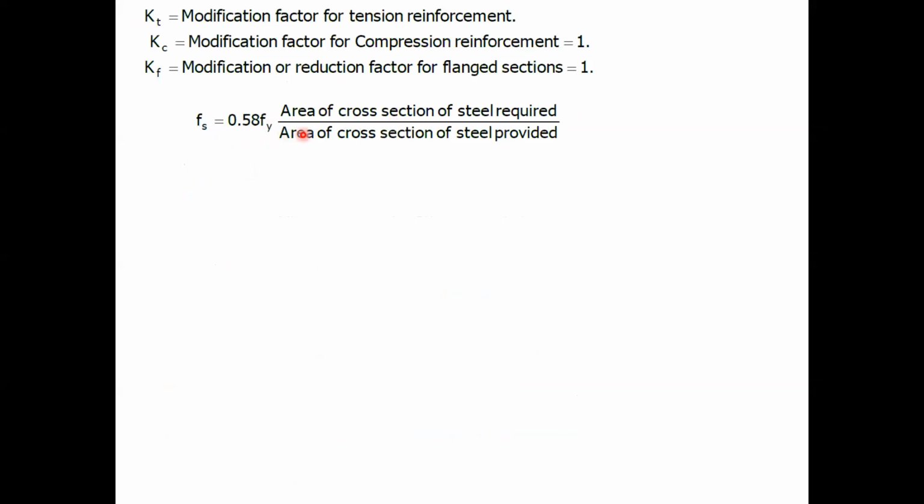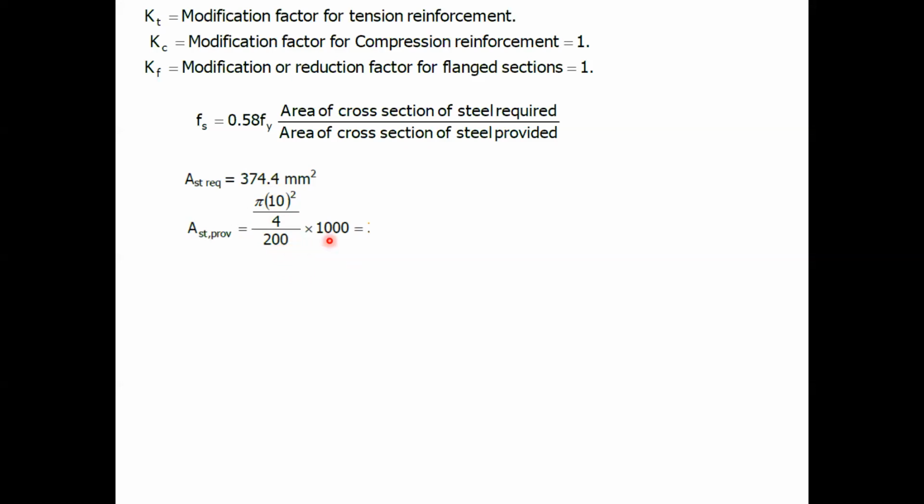Here you have to calculate the KT value, and you know the condition Fs is equal to 0.58 Fy into AST required divided by AST provided, that is the area of cross section of steel required divided by area of cross section of steel provided. AST required is equal to 374.4 mm square, and AST provided you have to calculate. This is according to the main reinforcement, not the distribution. That's why here we have considered 10 mm, and this is the main reinforcement spacing, 200 mm.